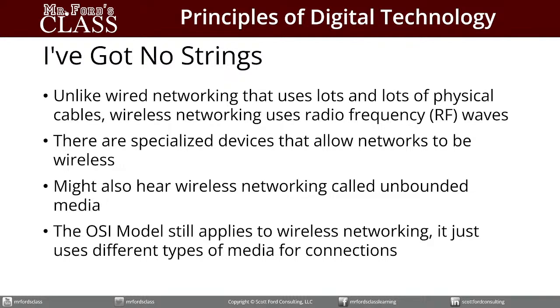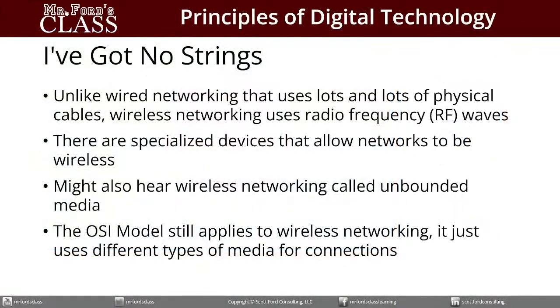You might also hear wireless networks called unbound media. And like we talked about in the previous live stream, we have the OSI model. Some of you, I just filled with a sense of dread. For those of you who learned OSI in the last unit, welcome. Now you're going to get more of this. Well, not really OSI, but just know that wireless still conforms to the OSI model. So what we talked about in the last one still applies to wireless, okay?